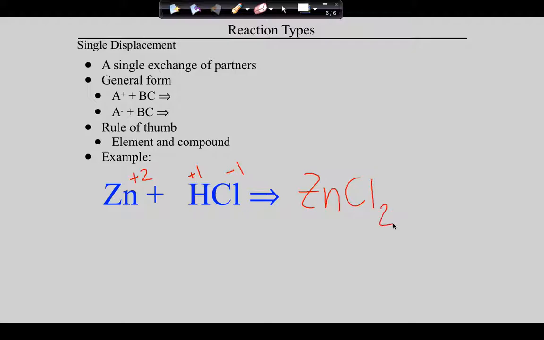ZnCl2. But, whoa, wait. There's 2 chlorines and there's only 1 there. Yeah, we'll balance it later. Guys, our goal here is not to keep the equations balanced. Our goal is to write the formulas properly.